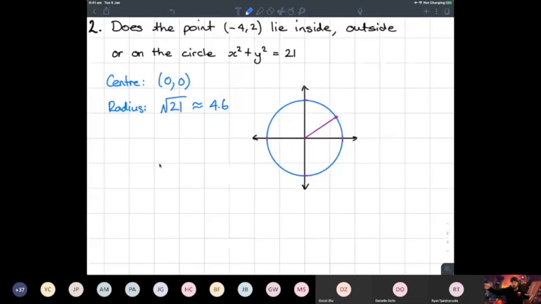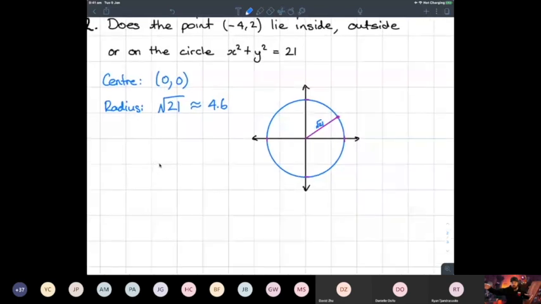units long. Remember that the way a circle is made is that we get this radius and we drag it around. It creates an arc. Any point that's inside that circle is going to be less than the square root of 21 away from the origin, right?